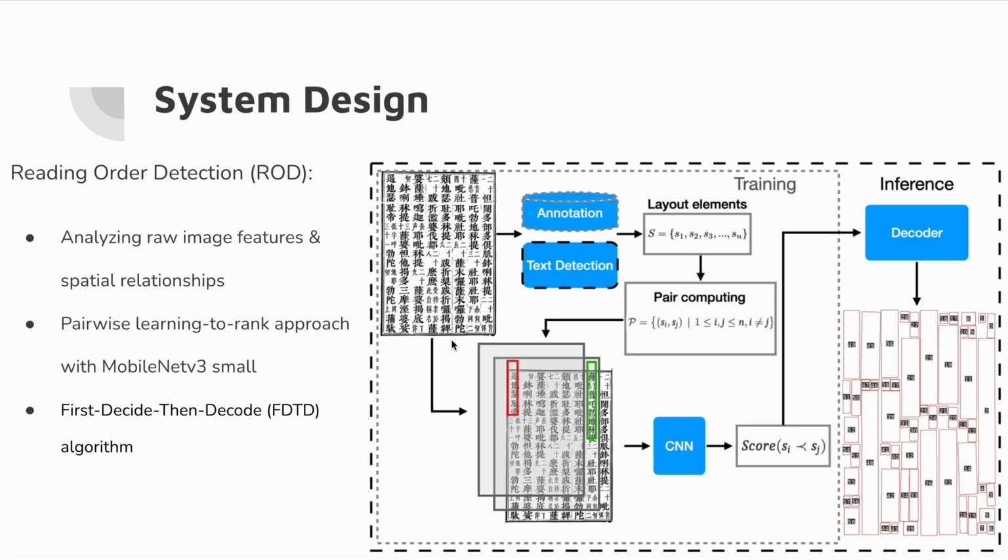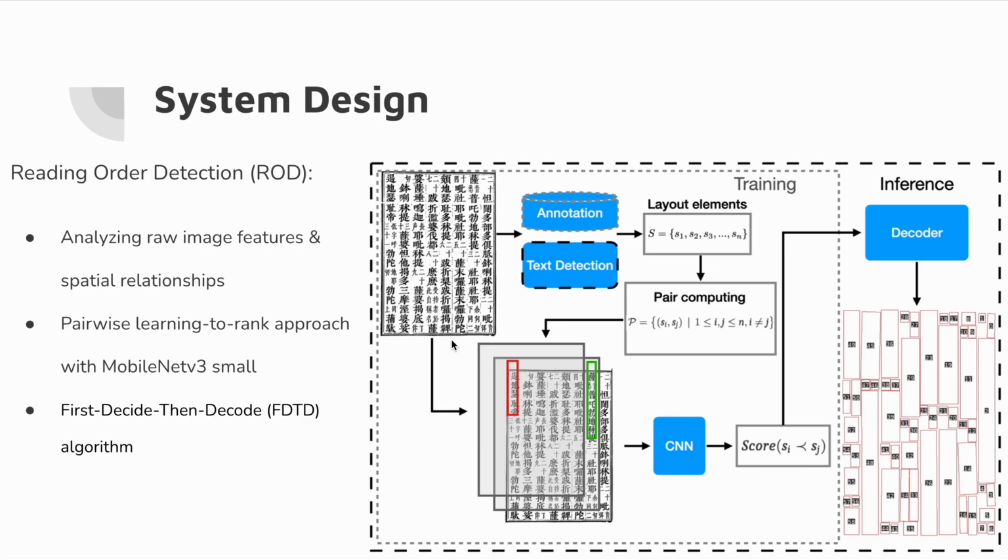And when it comes to reading order detection, this is where our primary innovation lies. We leverage both raw image features and the spatial relationships between text blocks to infer the sequence. We model the ROD task as a pairwise learning-to-rank problem.